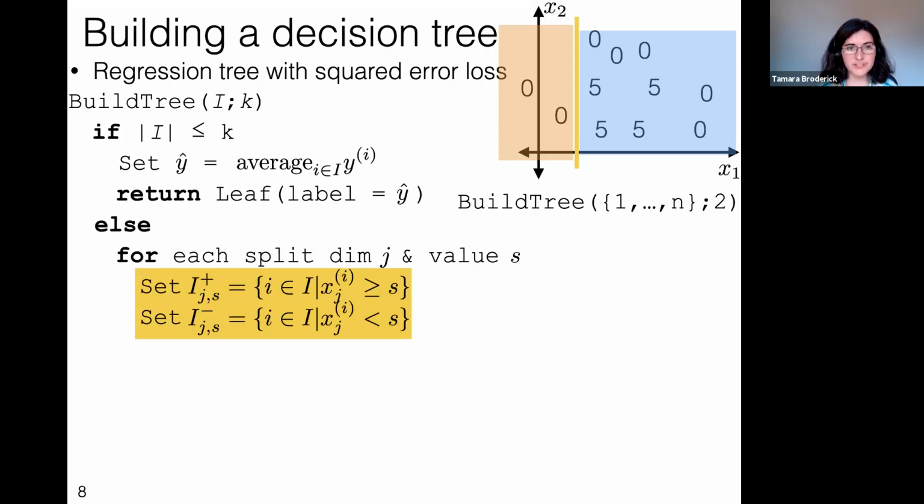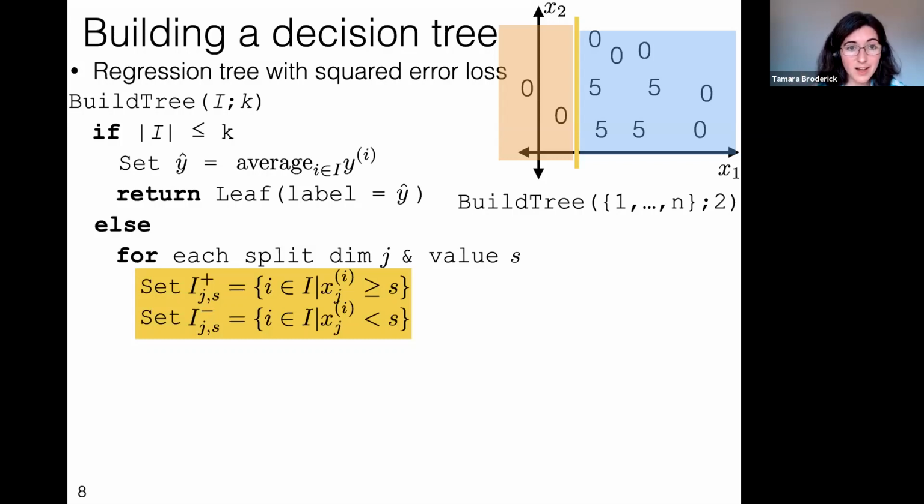Okay, it's looking mostly pretty good. Let's walk through what we do here. Remember, I minus is the collection of data indices for data points where xj is less than s. That's what we're seeing on the left side of the split in that orange rectangle. The number of data points in that orange rectangle is 2, so we have 2 data indices in I minus.